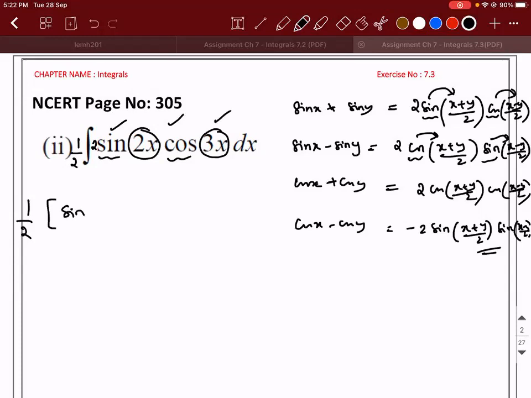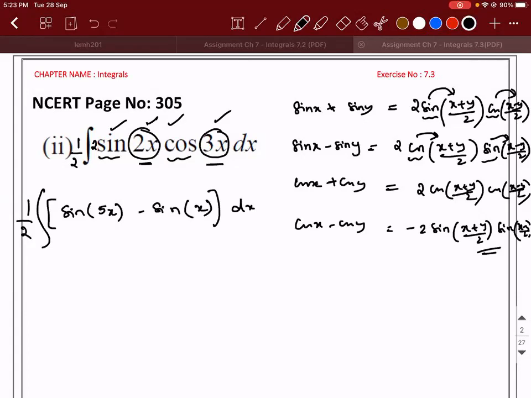What you need to do is, you need to write it as sine of, add this 2x value. So 2x and 3x, you have to add them. So sine of 5x, not plus, minus sine of x, times dx.